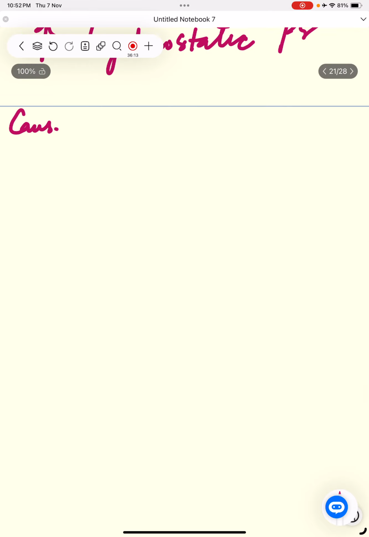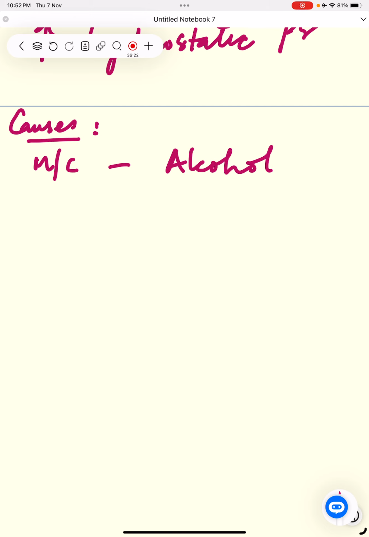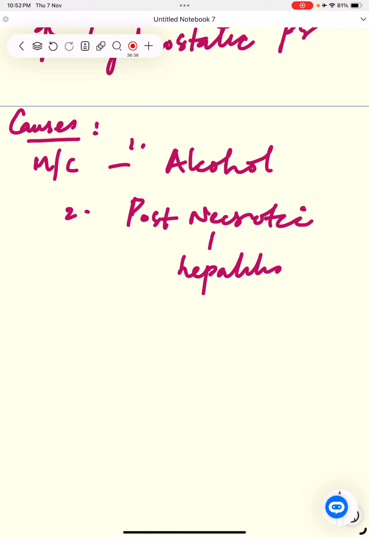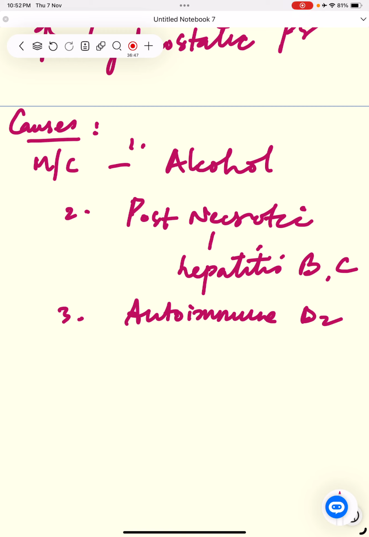Now let us talk about what are the causes of liver cirrhosis. Now the most common cause is, of course, patients who have been taking alcohol for long. Number 2 is post-necrotic liver cirrhosis, usually seen after hepatitis B and C. Then in certain autoimmune disorders like primary biliary cirrhosis or autoimmune hepatitis, this can be the end result.